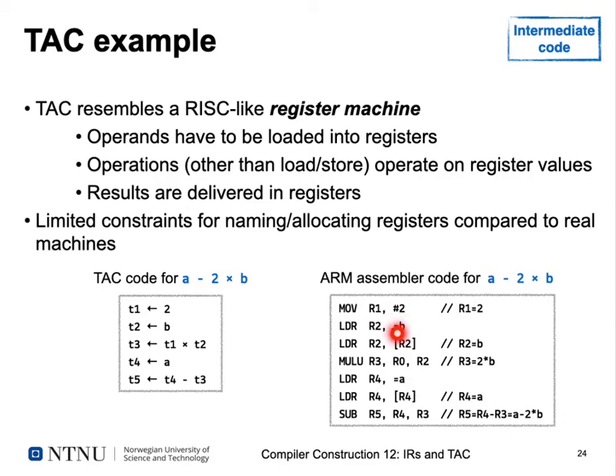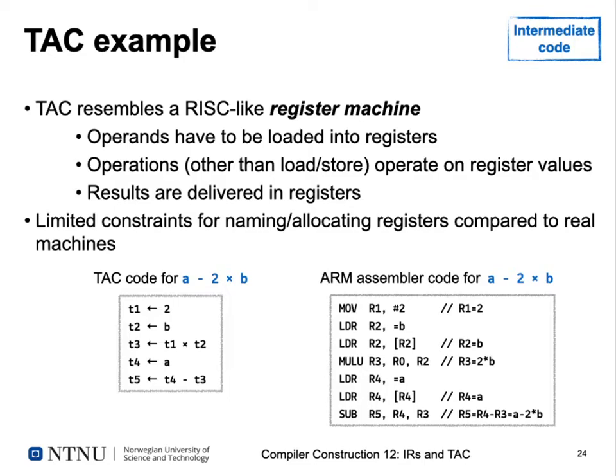So we load the address of b into register 2, and then we dereference this pointer, the address in R2, indicated by these square brackets, and copy the result into R2 again, because we don't need that address again, so we can reuse that register. We did this just to keep the indexes of our registers consistent with the indexes of our virtual temporary registers on the left hand side.